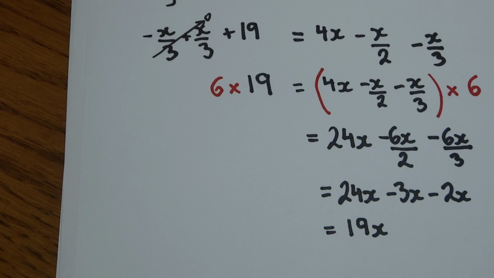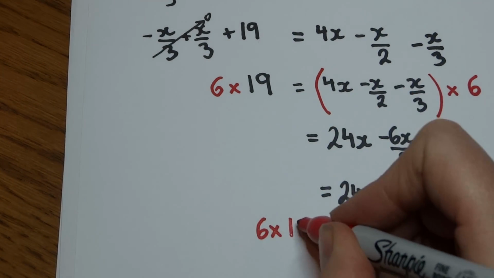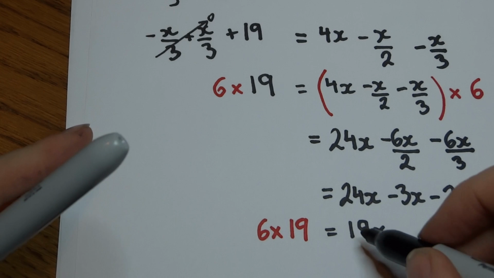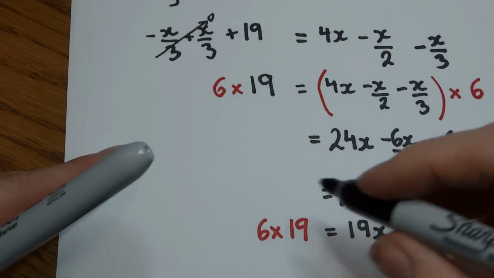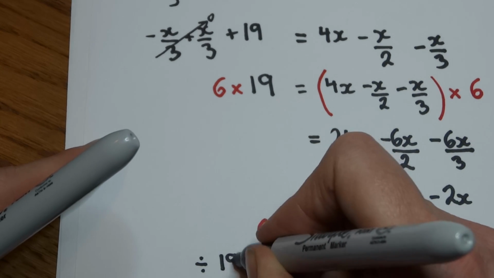Because what we had here on the left-hand side was 6 times 19. Well, now we can easily find out what 1 lot of x is, because we know that 19 lots of x is 6 times 19. So to get what 1 lot of x is, we divide both sides of our equation by 19.